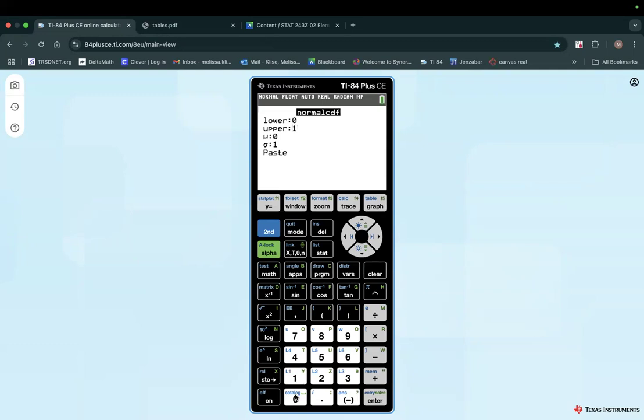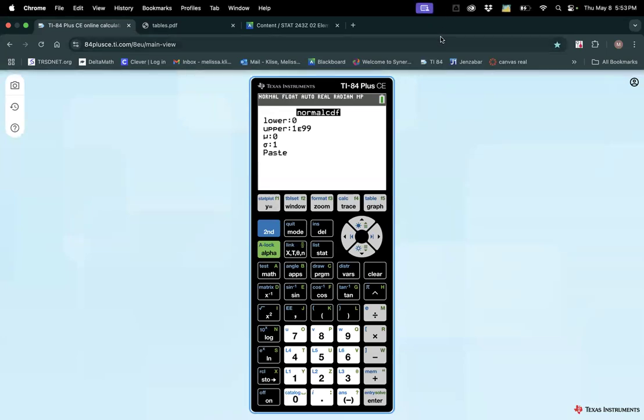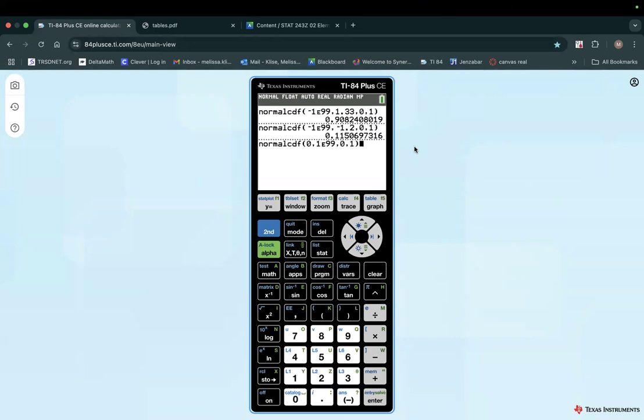So it'll be 1. You do second comma to get the E and the 99. So that's our positive infinity. Z-scores, once again, we use 0 for mean and 1 for standard deviation. Go down here to paste and hit enter, and then we'll get 50%.